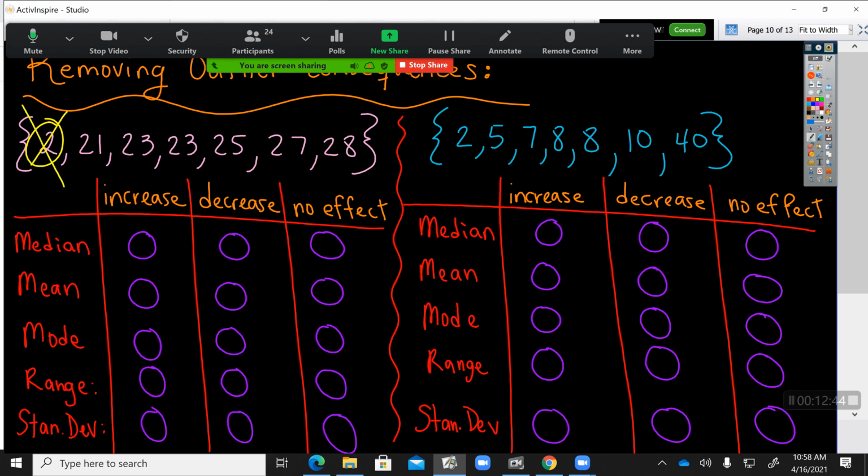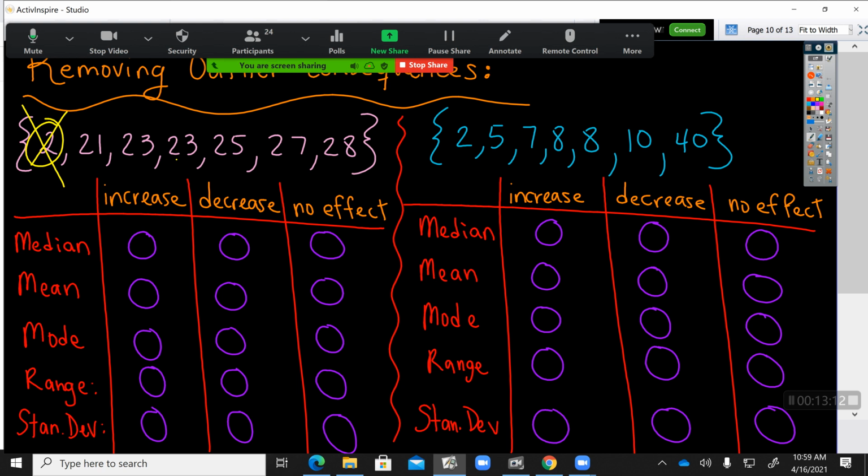So if I eliminate the number 2, how would the mean, median, mode, range, and standard deviation change? So it's simple. It's common sense if you think about it. Well, let's start with median. Median is the number in the middle. With the 2 in there, the number in the middle was 23.